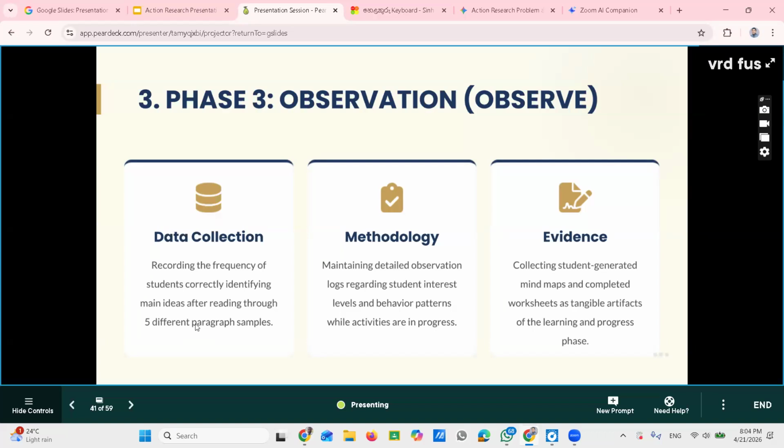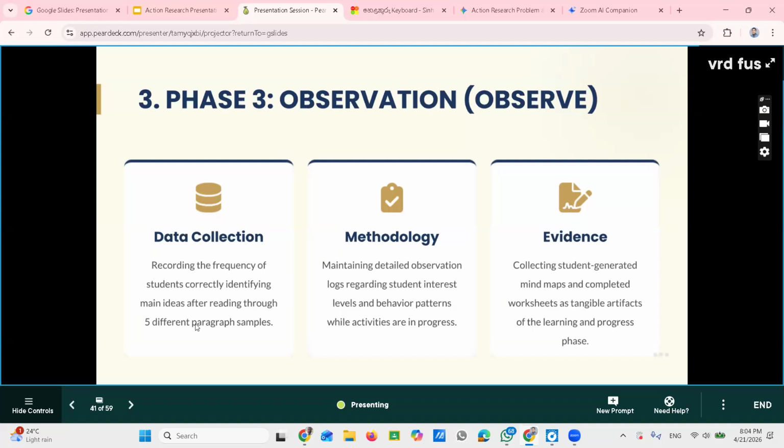Right. Then what are the methodologies? What are the methodologies that the teacher uses to collect this data? Maintaining detailed observation logs. At the time of intervention, the teacher uses some observation papers, also known as observation logs.